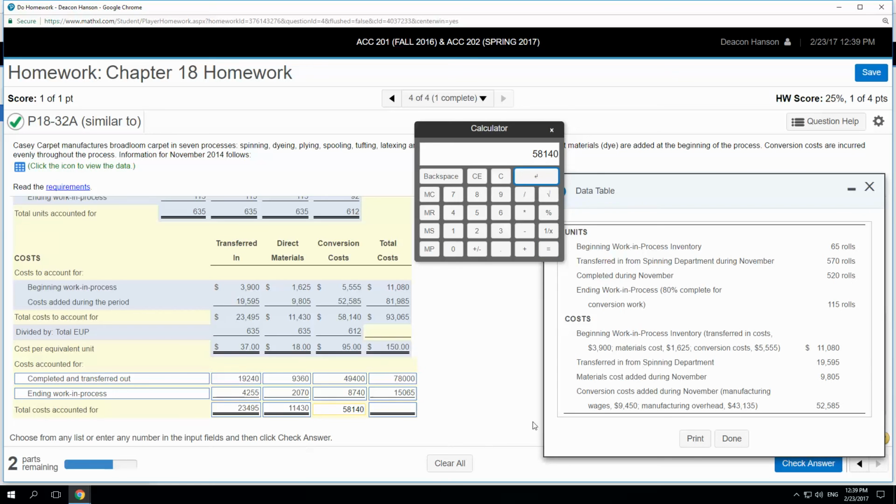And you might want to add across once you do this last column, just to be sure that it checks out. Yeah, just adding these across. Checks out. The other checkpoint is that total cost to account for, 93,065, should match total cost accounted for, 93,065, and we check out.